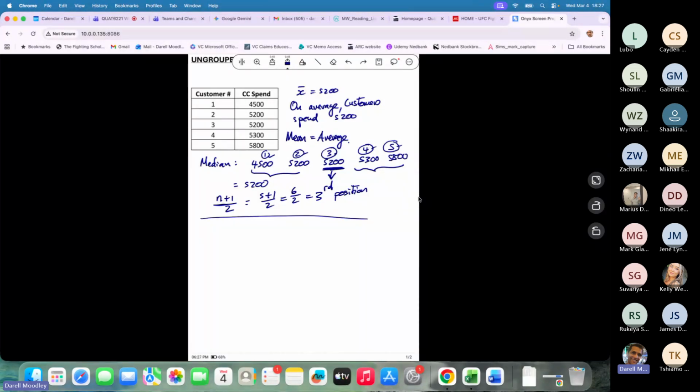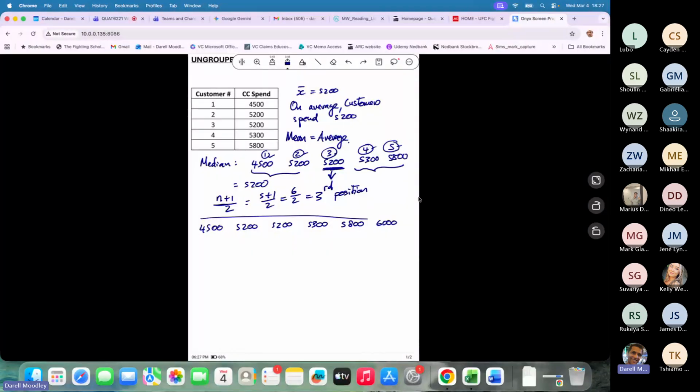Let's consider the same data, but just an extra value. So there was a 6th customer, 5,800, and then there's an extra customer who spent 6,000. So now we have 6 customers.